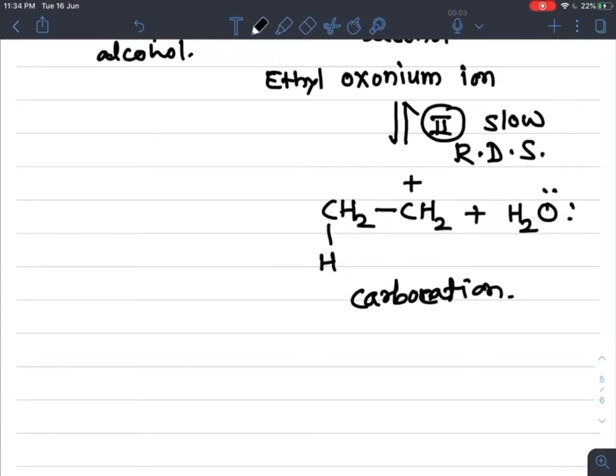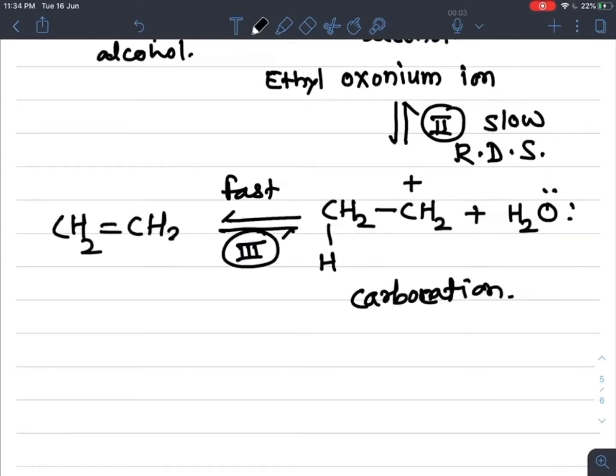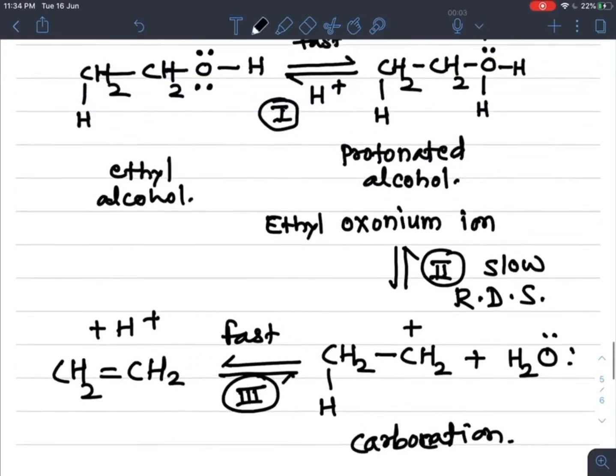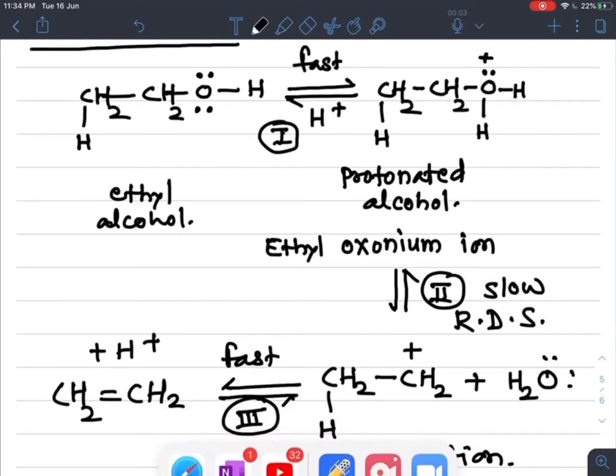Finally this is the third step, and it is a reversible but fast step, that is deprotonation. So finally we get CH2 double bond CH2 plus this H plus is removed, so I can write here H plus. Okay, so this H plus is released, and it is reused again for this process.